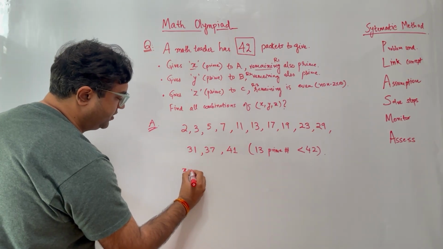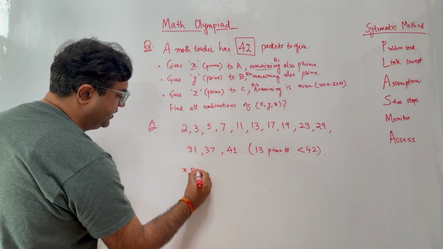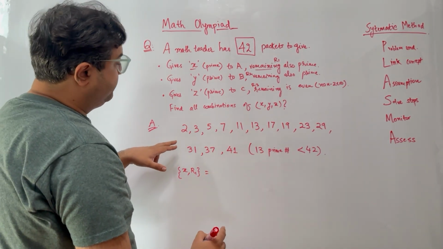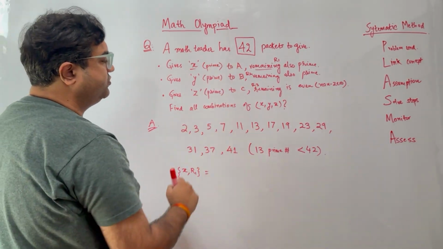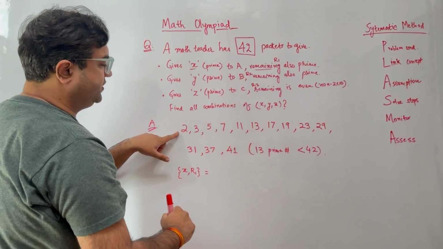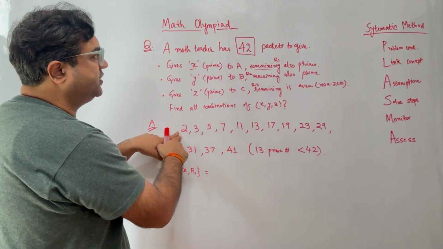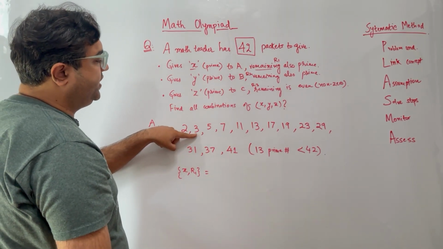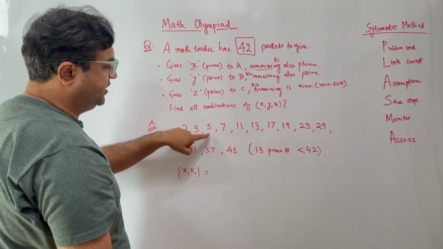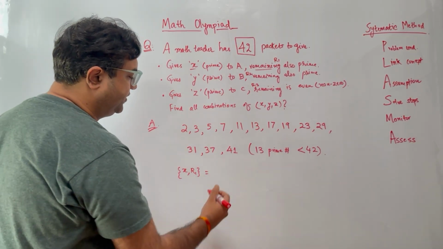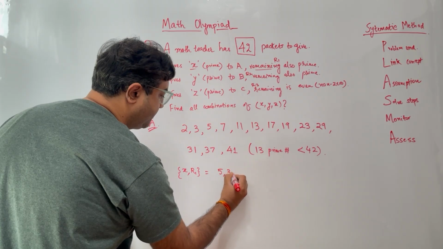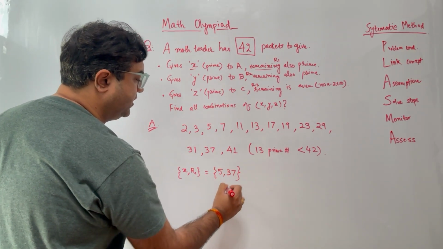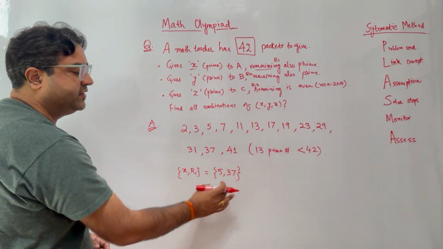So X comma R1, the sum of this pair has to be 42. If we start with 2 plus 40, not a combination. 3 plus 39, not a combination. 5 plus 37, one combination. Or vice versa, 37 and 5, but I'm just taking the pair.